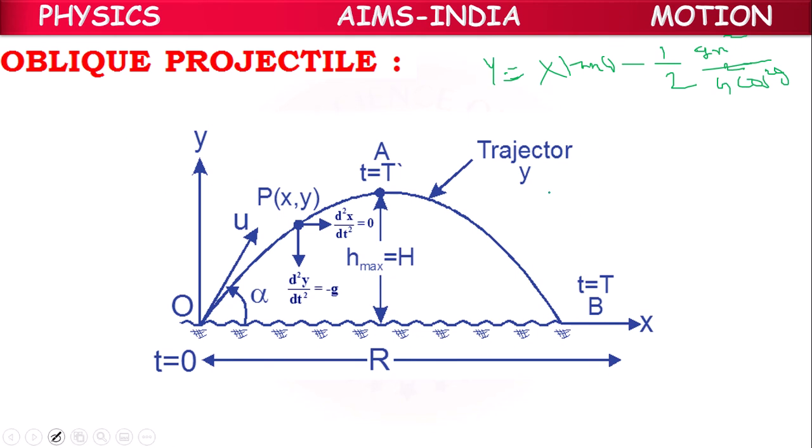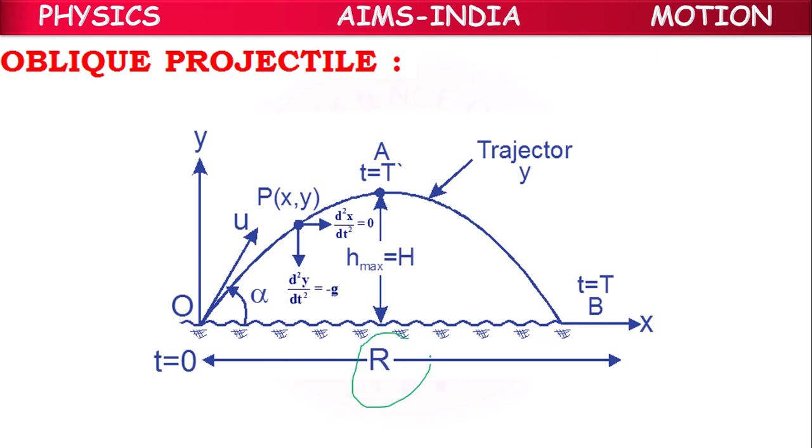Anyway, later, because we have not learnt about range, children. For range also we have a derivation. After learning the range derivation, we can convert this equation into the range form. That we can learn later.